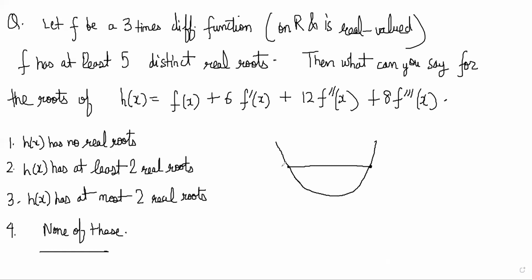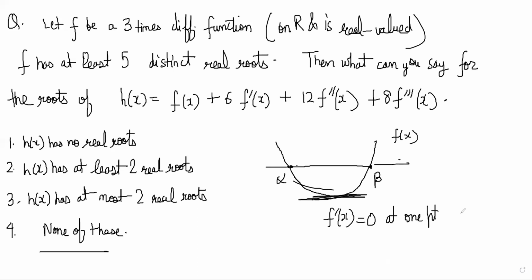A quadratic graph is like this. If you have two real roots of this quadratic, then between any two real roots of the quadratic, there will be one real root of its derivative. So if you have a continuous and differentiable function, between any two roots of f of x, there will be one root of f dash x. That will be used here.